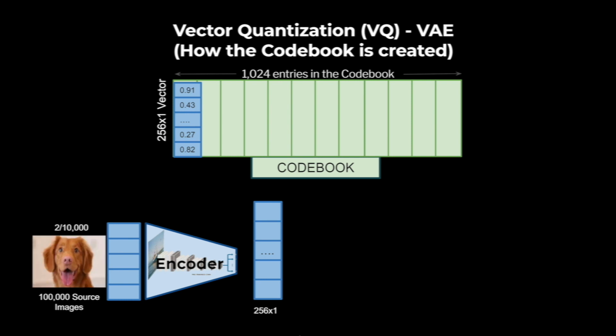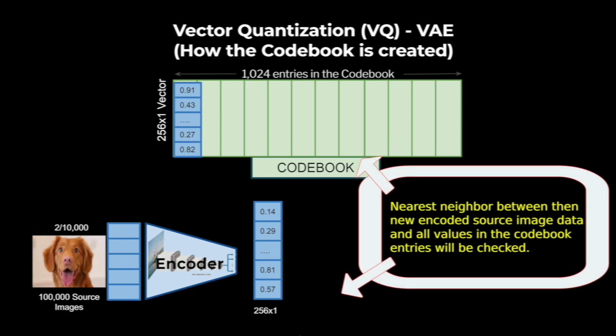Now let's assume the second image is processed by the encoder and its mean and standard deviation based entries are added. Now the vector quantization process will be active and the nearest neighbor entry will be checked from all the filled entries inside the codebook.